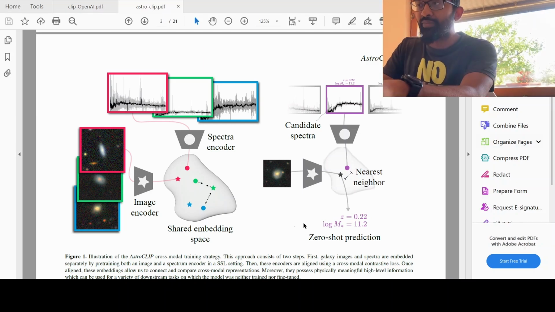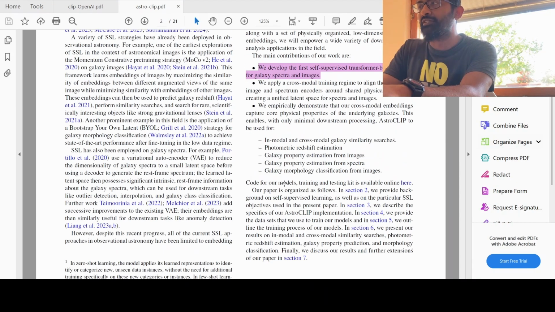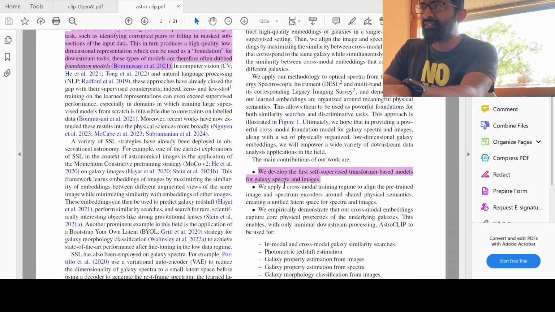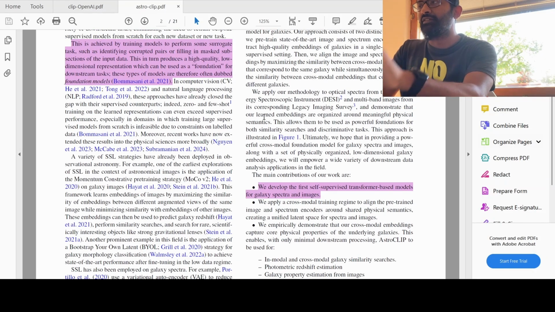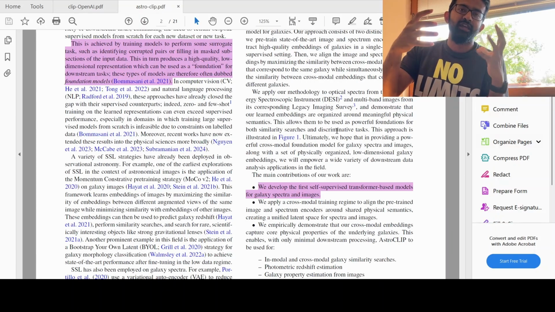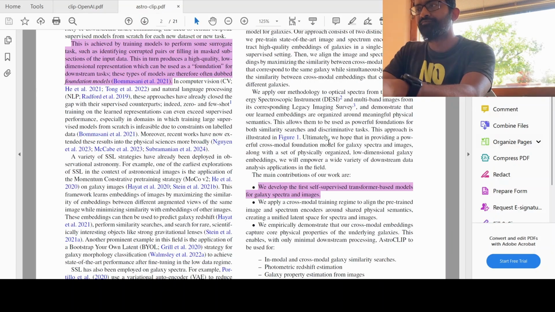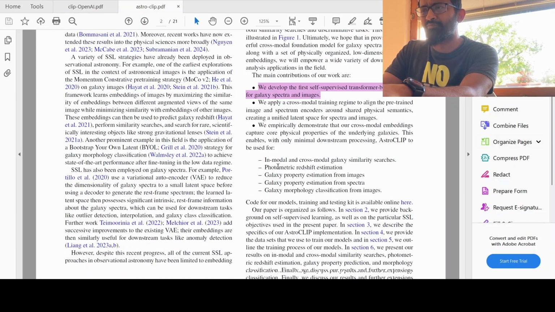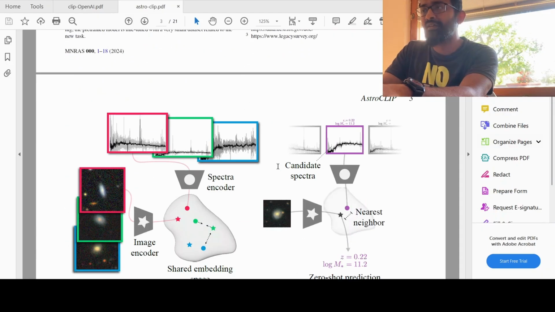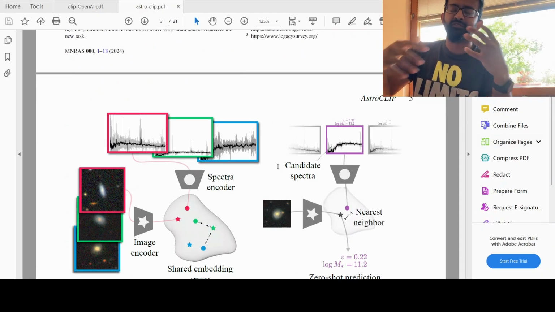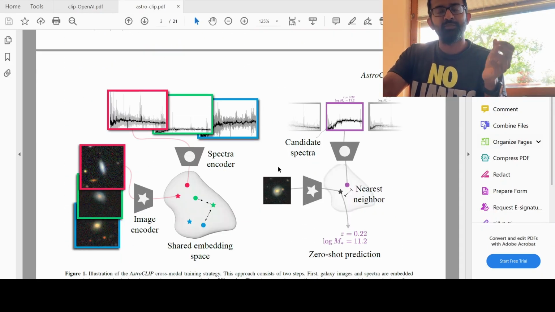By the way, they collect the data from the Dark Energy Spectroscopic Survey. I think here they mention they apply their methodology to optical spectra from the Dark Energy Spectroscopic Survey and multiband images from the Legacy Imaging Survey. That's how they create this image and spectra pair. I think they give a number of about 100,000 pairs with proper images and correct spectral measurements.